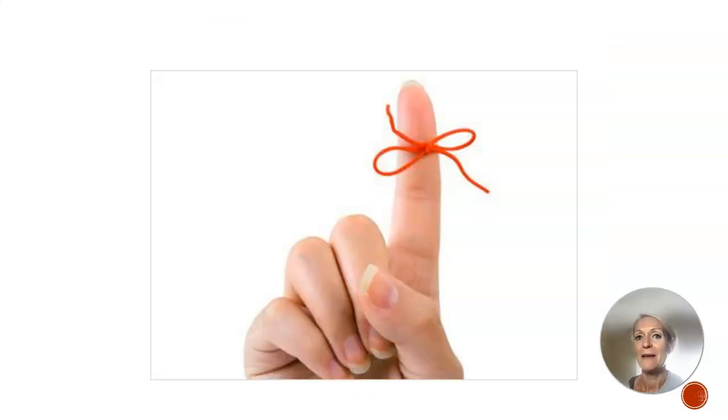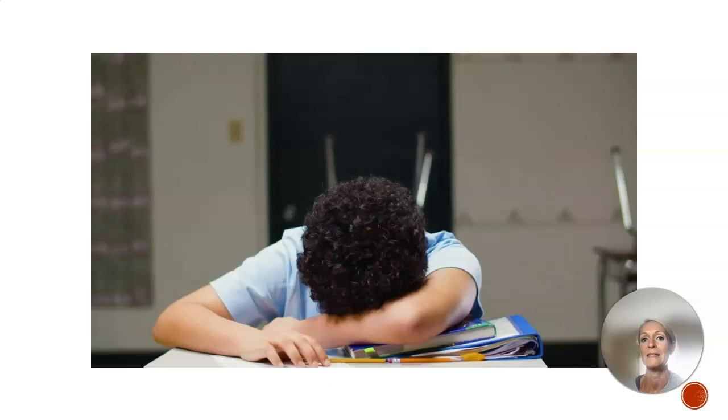I've also asked students to tell me, okay, when you look at this picture, what do you see? Some people say, well, I see someone has tied a bow on their finger. But I've also had some students say, oh, you do that because this person is trying to remember something, or they've made a promise to someone. And so culturally, or based on how you've been socialized, you might see this picture differently in what it means.